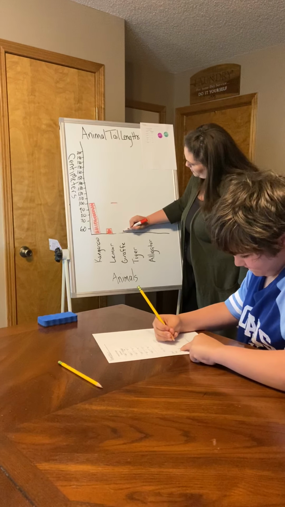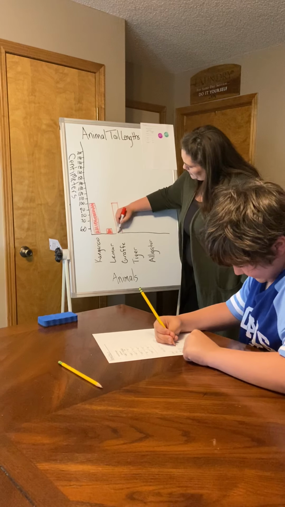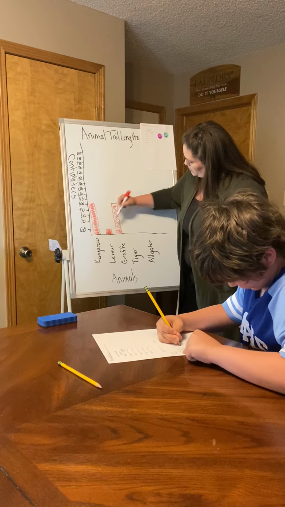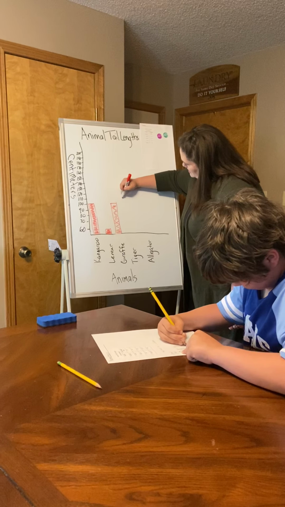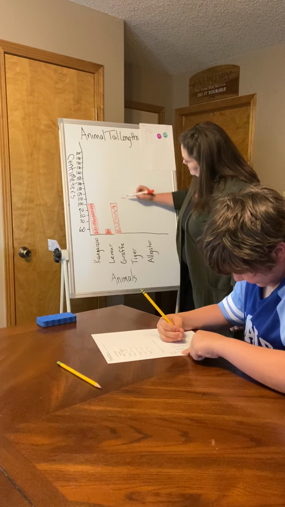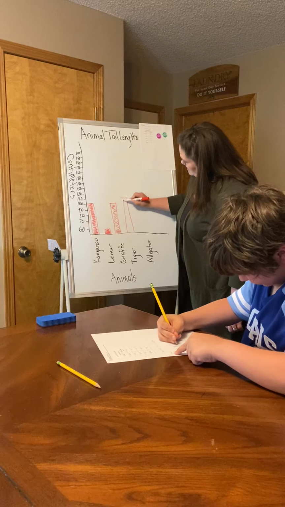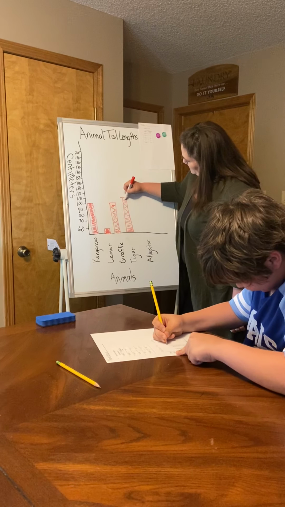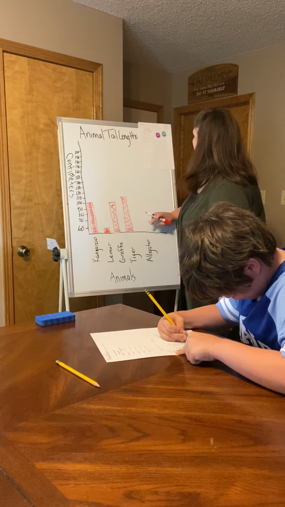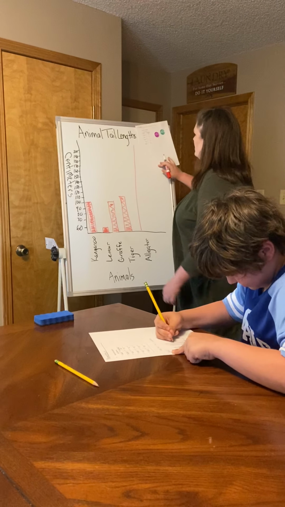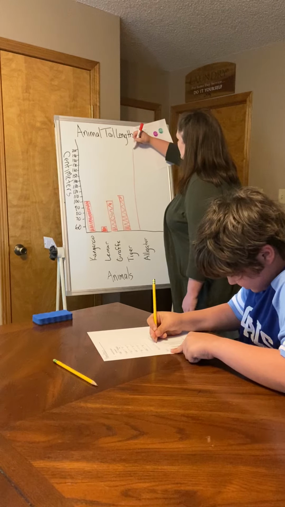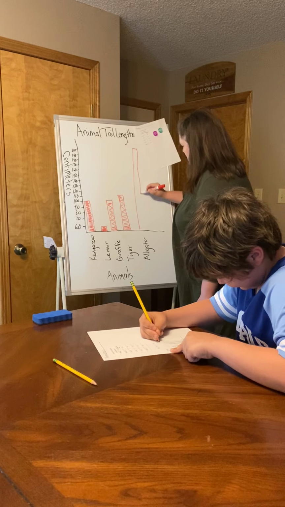So we're just going to go through. And a tiger is 110. And the alligator is 200. So it goes clear to the top of mine.